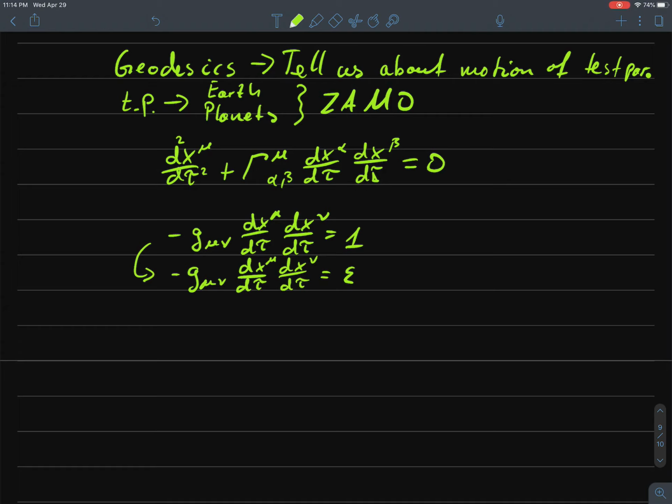It's going to be 1 for non-zero mass particles. So this is massive particles, but it could also actually be 0, and that's when the particles have no mass, like light. And so in general relativity, we actually have the phenomena that light can orbit a black hole. We know that because light has energy, and therefore a gravitational force. But more importantly, light is contained inside space-time, so it has to follow the geodesic equation, just like any ZAMO would have to.